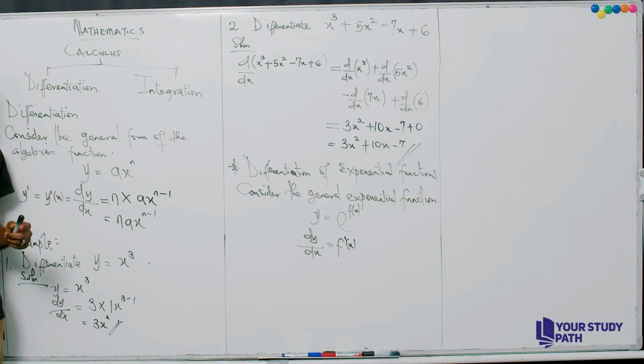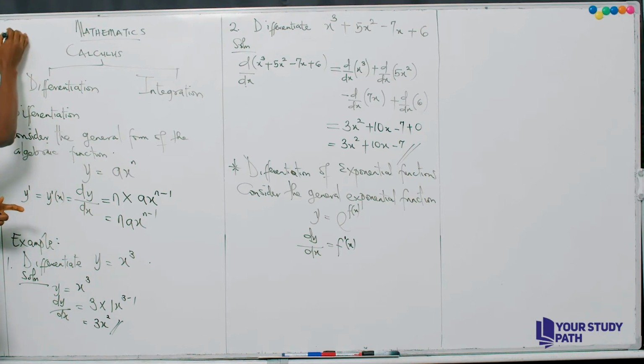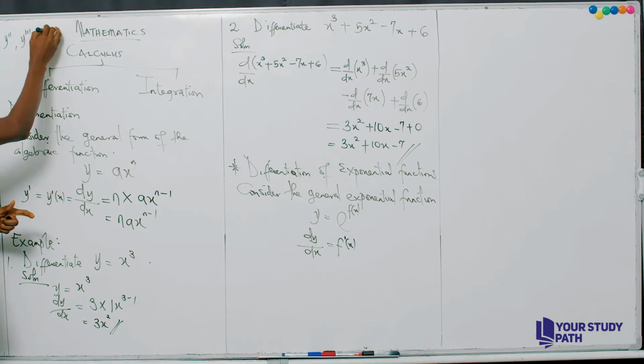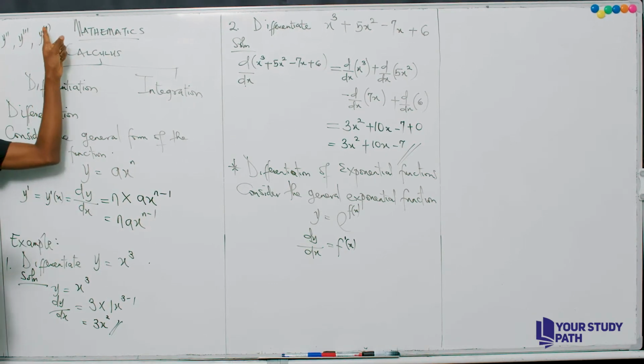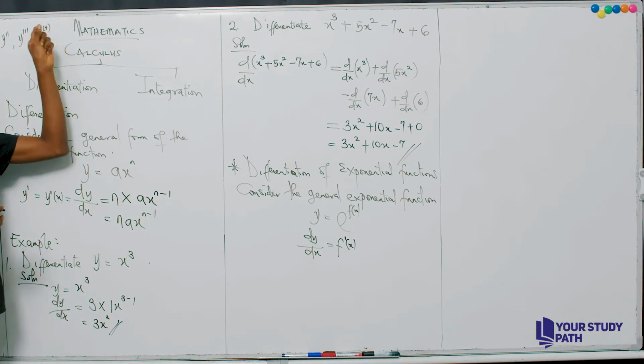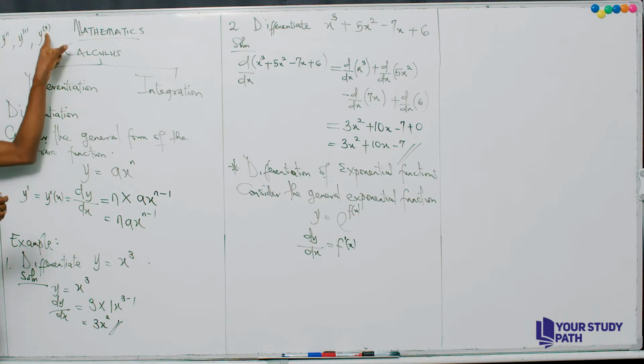We are going to talk about higher derivatives, so you see terms like y prime prime, y prime prime prime, y raised to the power 4 in brackets. So it's telling you that it's not just an indices raised to a power kind. It is telling you that this is a fourth differential.